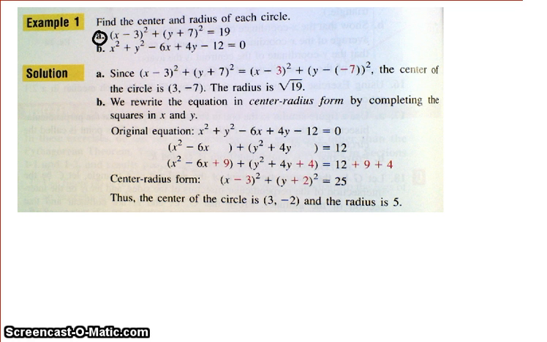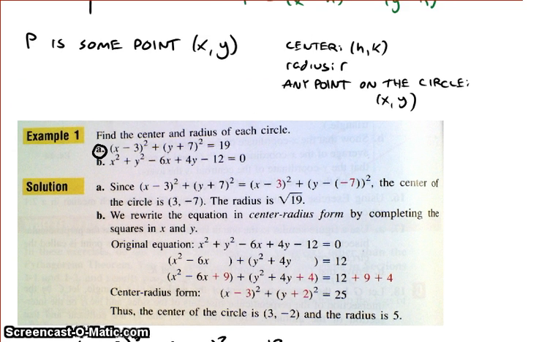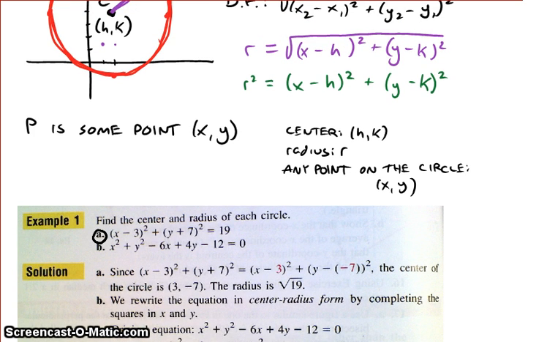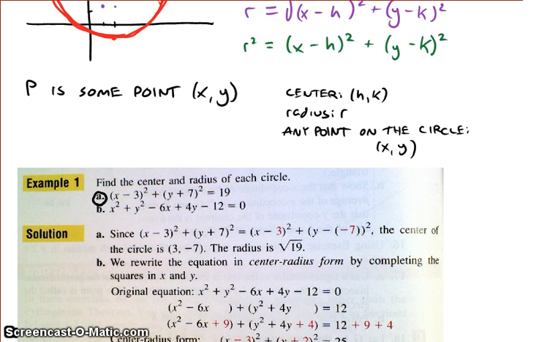And part A is pretty straightforward. It says find the center and radius of each circle. So we have the equation x minus 3 squared plus y plus 7 squared equals 19. If we use the formula that we developed above, we can find h and k pretty directly.